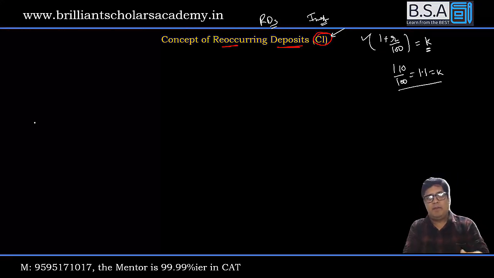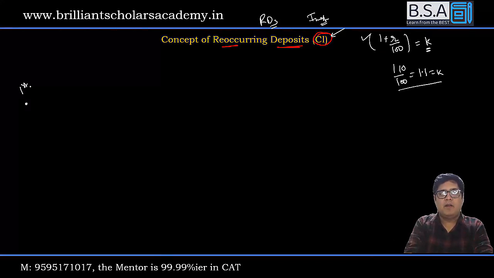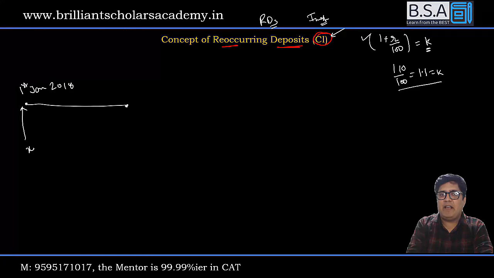Just for the sake of understanding, I'm imagining 1st of January, let us say 2018. You go to a bank and you make a deposit of X rupees. Now you wait for 1 year.